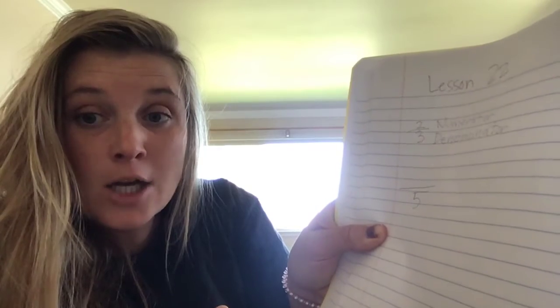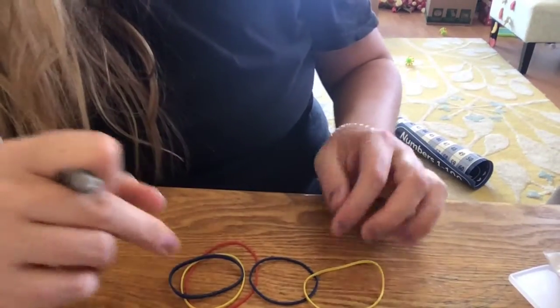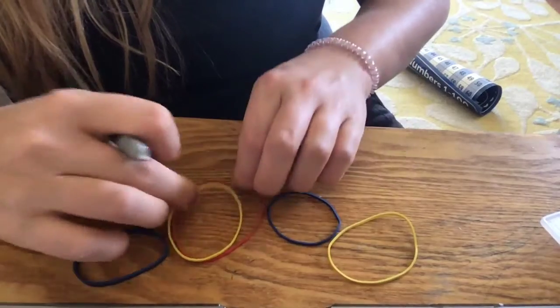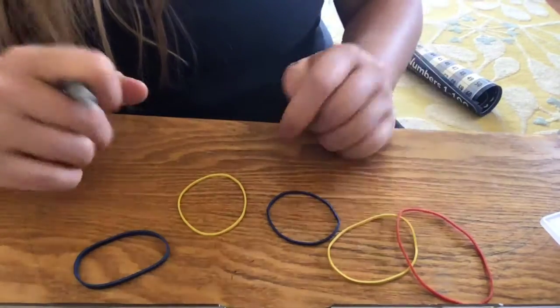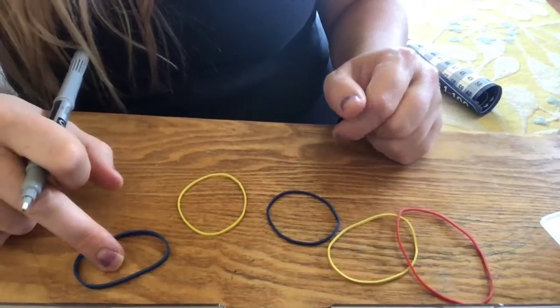That's our denominator. Okay? Now, how many of my rubber bands are blue? 1, 2, 3, 4, 5. I have 5 rubber bands. That's my whole. How many are blue? 1, 2.